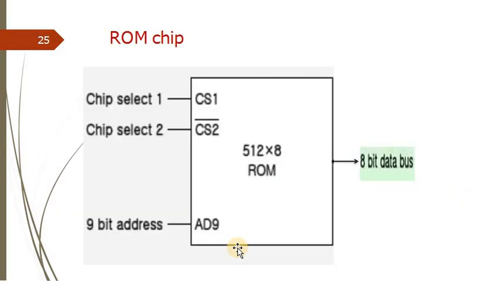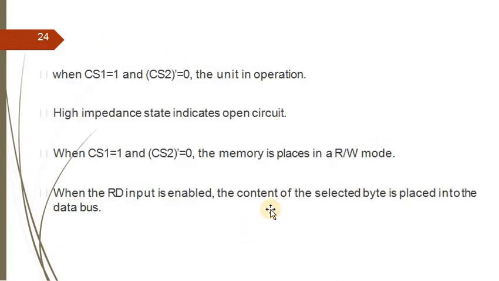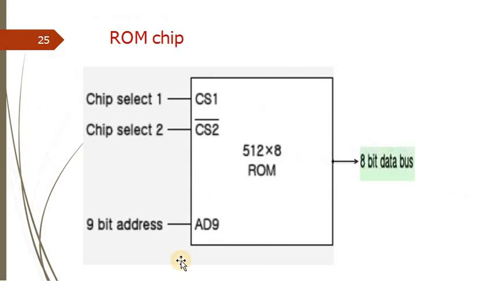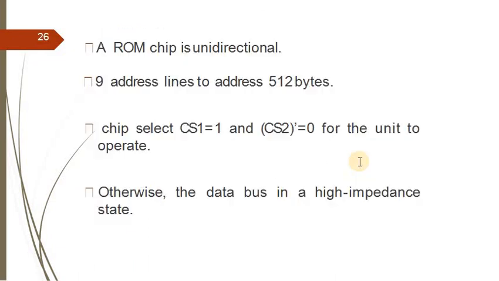Now we will see the ROM chip. See here, this is the ROM chip. Chip select 1, chip select 2, and a 9-bit address here. Sorry, see here, 7-bit address was for RAM. Here it is a 9-bit address, see here AD9. Here also there is an 8-bit data bus, but it is a single direction, not bidirectional, that is, unidirectional.